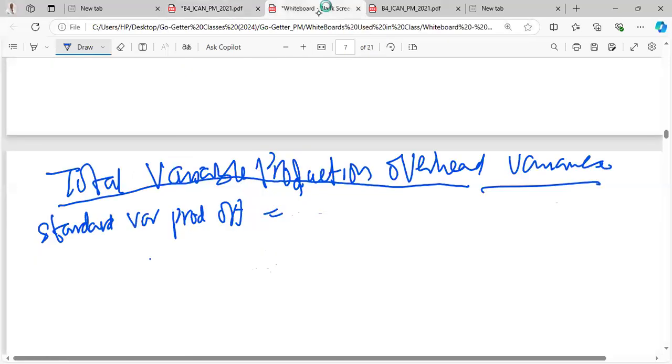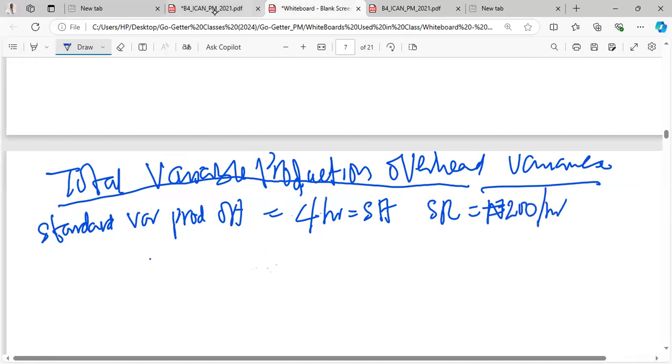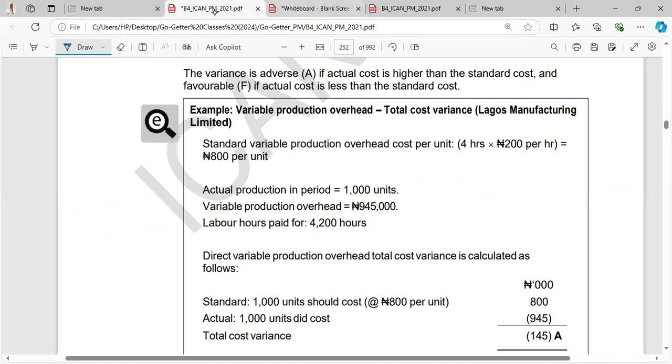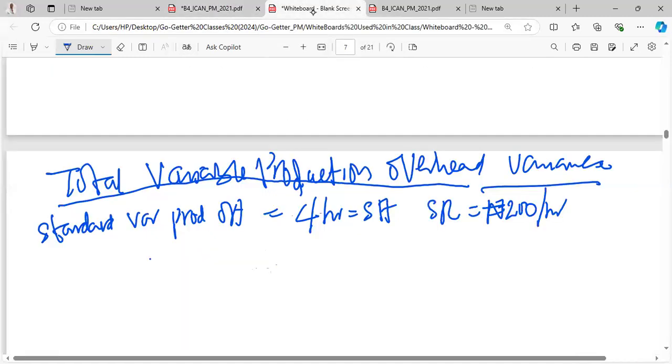So it means 4 hours, that's the standard hours. Then the standard rate is 200 naira per hour. Right? How many units? We need to know the number of units. Actual units is 1,000 units.